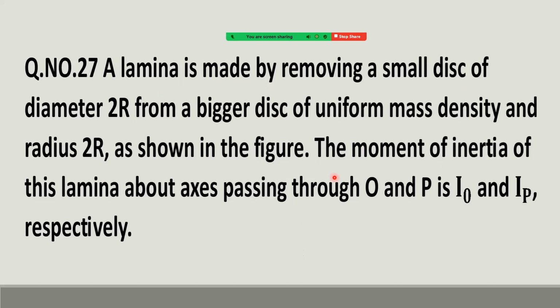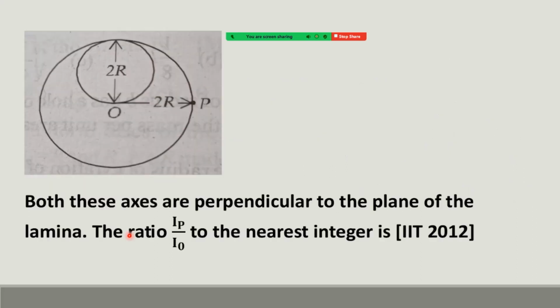The moment of inertia of this lamina about axes passing through O and P is I naught and IP respectively. Both these axes are perpendicular to the plane of the lamina. The ratio IP by I naught to the nearest integer is, asked in 2012.